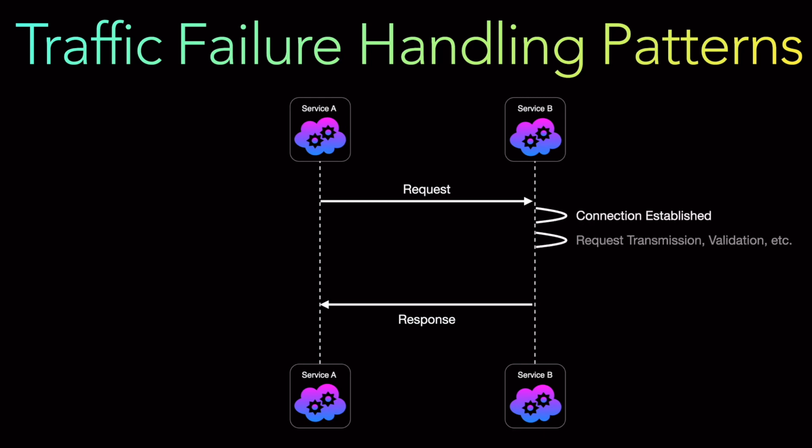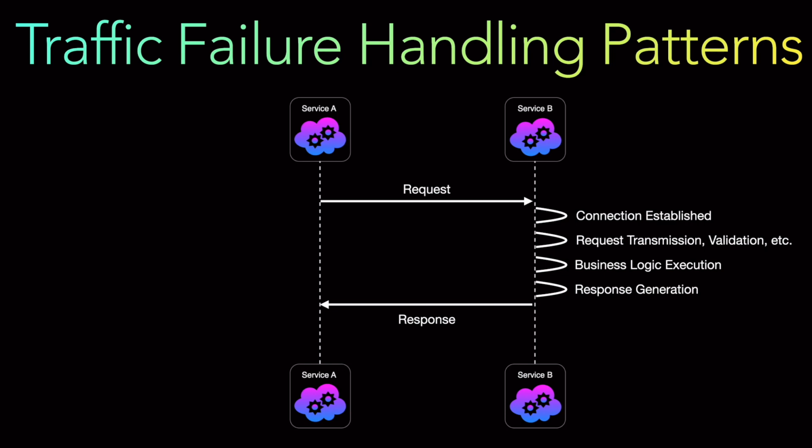Next is request transmission. Then request validation. Third is the core business logic execution, which can be reading or writing to a database or whatever it is. And finally, the response generation. After the response is generated, it responds back with whatever the API was called for, right?